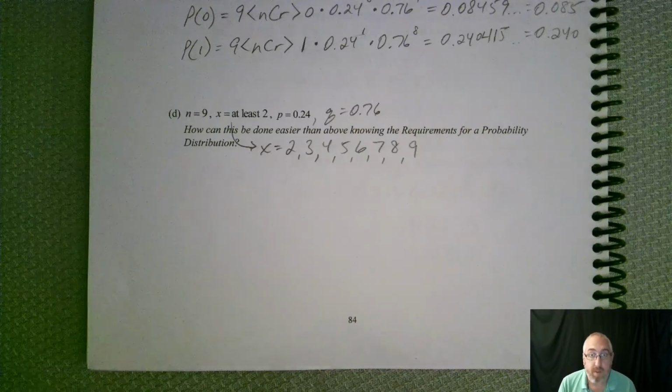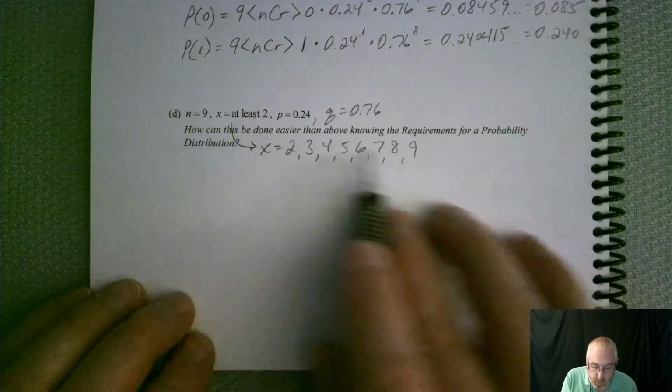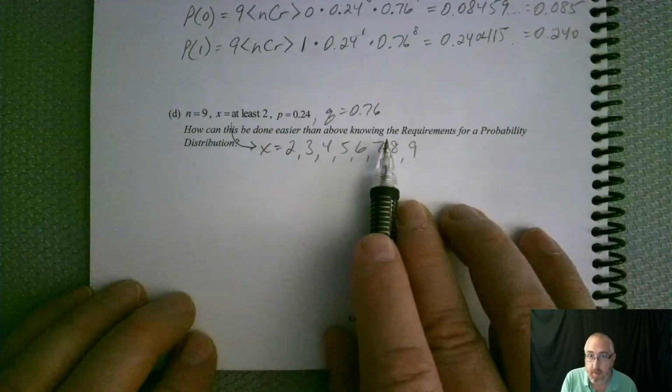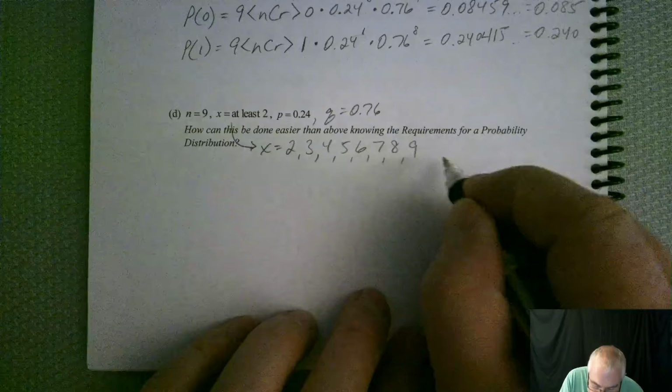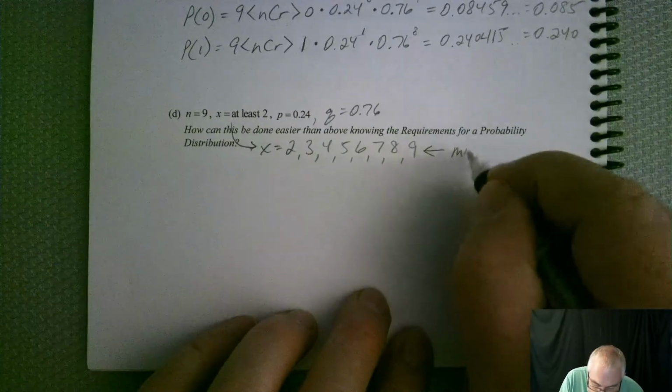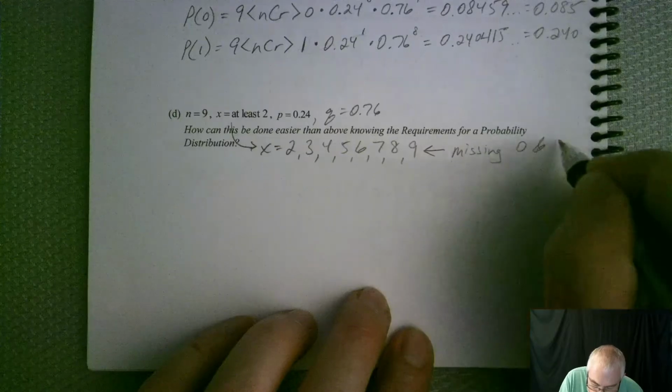So if all those probabilities add to 1, and we went through and found all of these individual probabilities, we know we have to add those all up. But if we added what's missing, so in this case, we're missing 0 and 1.